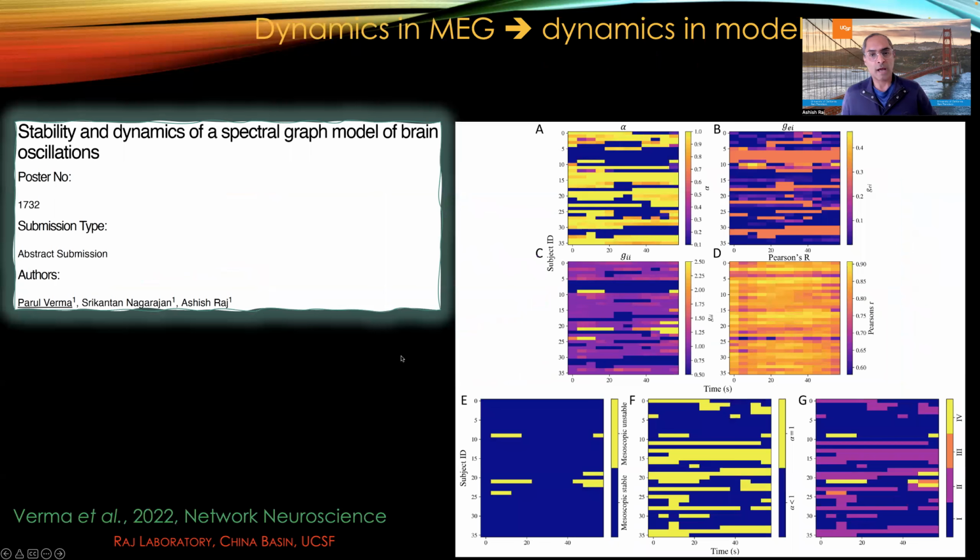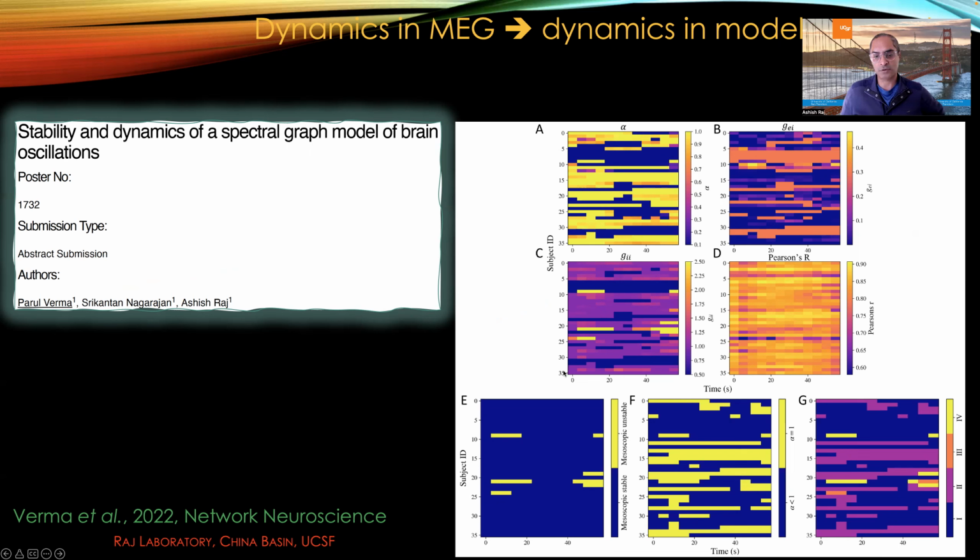Just to point out, a detailed analysis of the stability and dynamics of this model will be presented at our poster 1732 later in this conference, so please check it out. Here's a result from that poster where we show that if you fit the spectral graph model in windows of time instead of the entire time duration of the scan, all the model parameters, alpha, gains, and so on, are able to change over time.